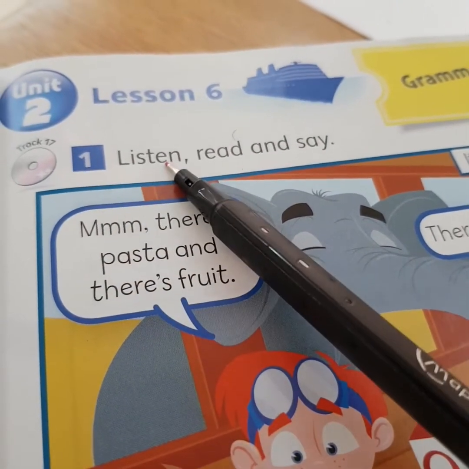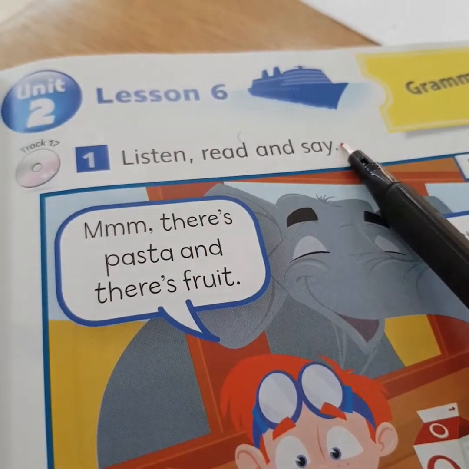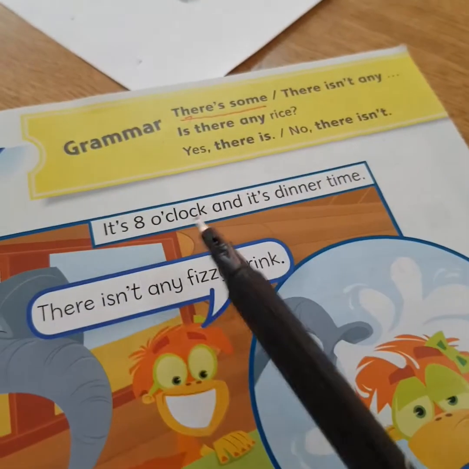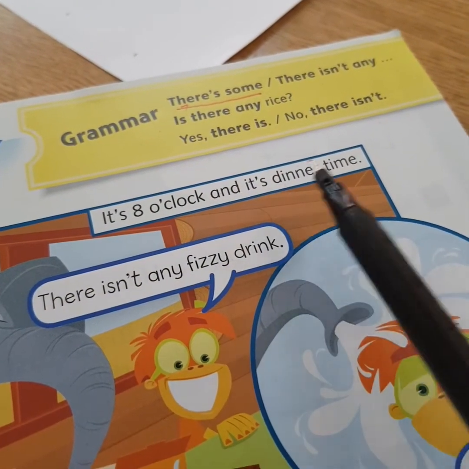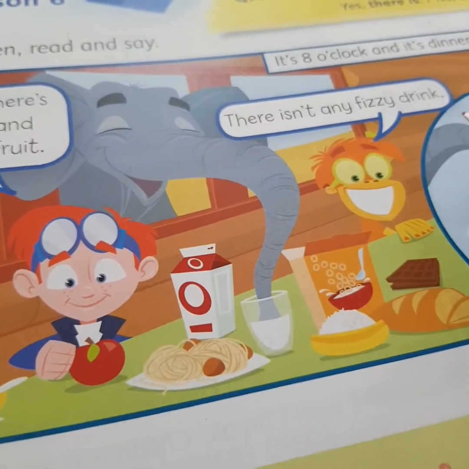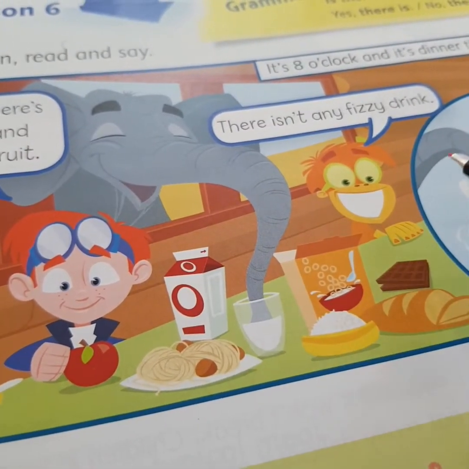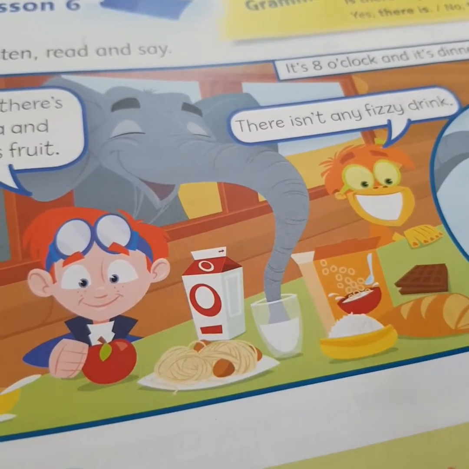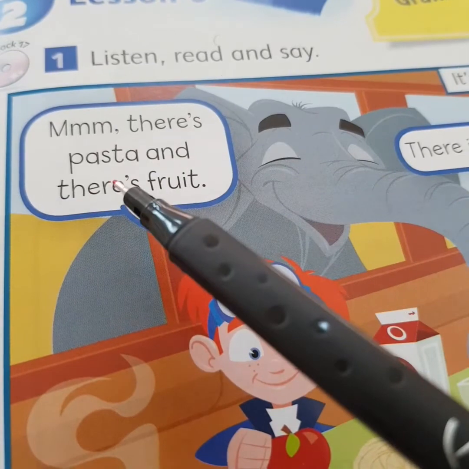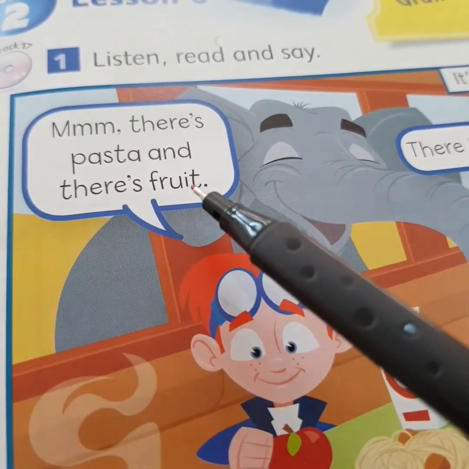Exercise 1. Listen, read, and say. It's 8 o'clock and it's dinner time. So the characters in the picture are having dinner. Okay, let's read. There's pasta and there's fruit.